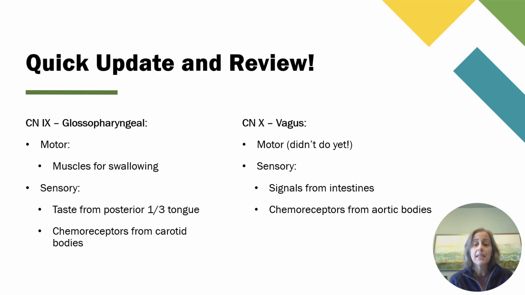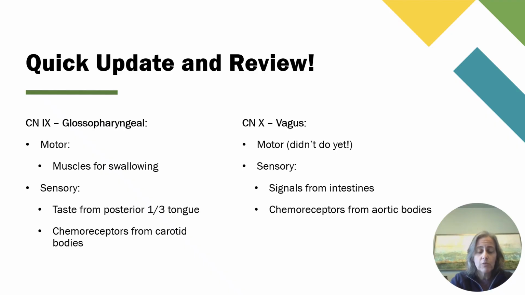Now, cranial nerve number 10, vagus, does have motor signals. We haven't talked about those yet. We will get to those. But in terms of sensory, we learned in 14A that it's bringing in sensory information from the intestines, from the entire gastrointestinal tract. And now we're also going to add that it's bringing in chemoreceptors from these aortic bodies.